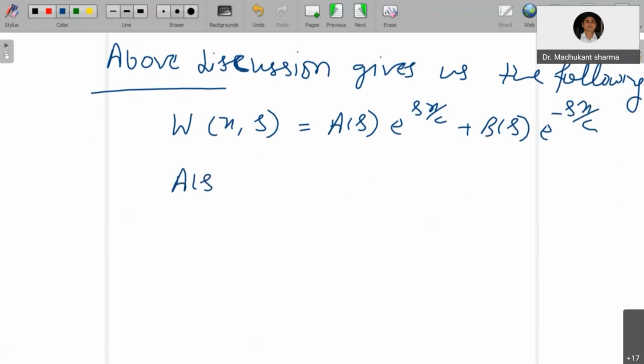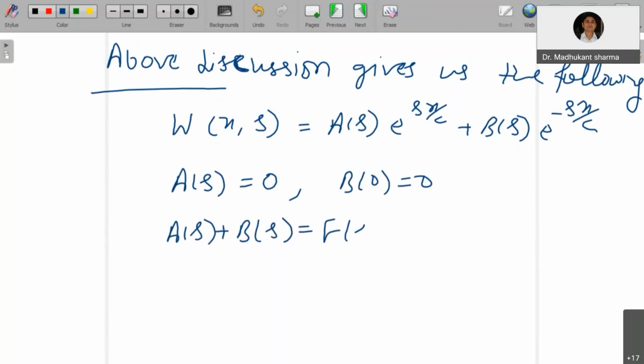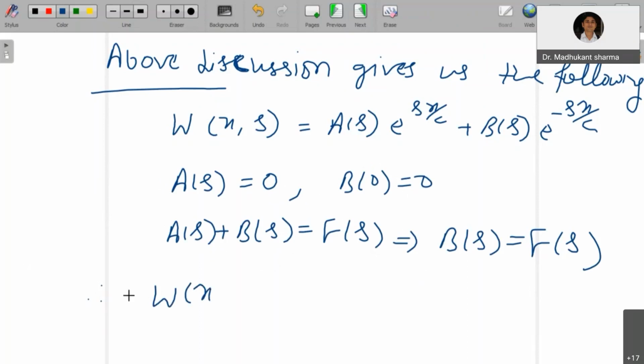Now our discussion tells you a of s must be 0, b of 0 is 0. Further, a of s plus b of s is equal to f of s. But a of s is 0, so this implies b of s is f of s. So therefore, w of x comma s is equal to f of s times e to the power minus sx by c.